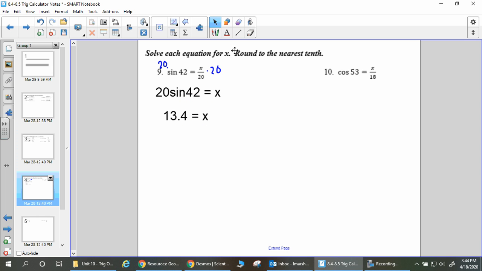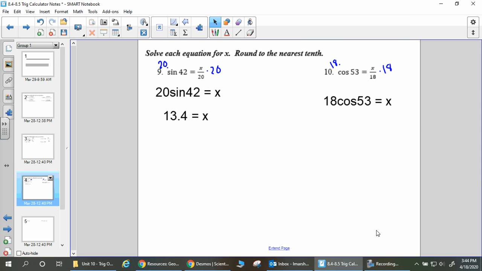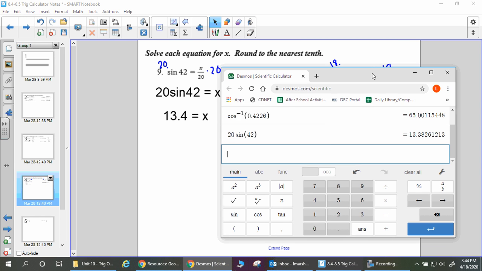And we're just going to do the exact same thing over here on number 10. 18's on the bottom. I'm going to multiply both sides by 18. When I do that, 18 goes in the front. Here I have cosine of 53, and that's going to equal x. So now I need to enter this into a calculator.